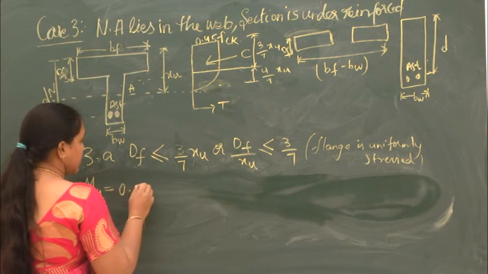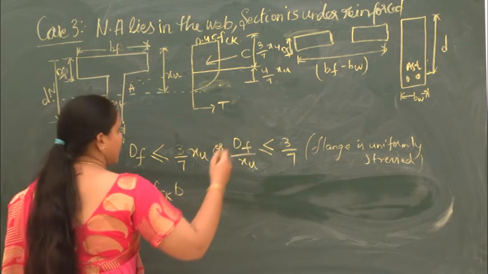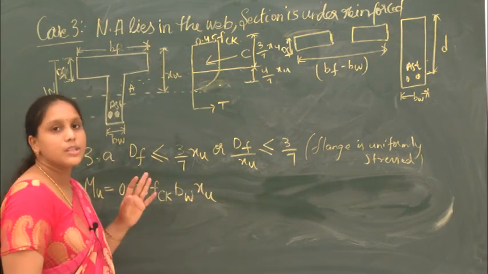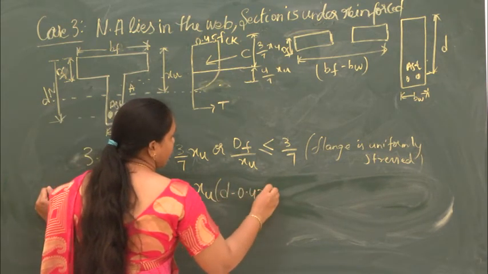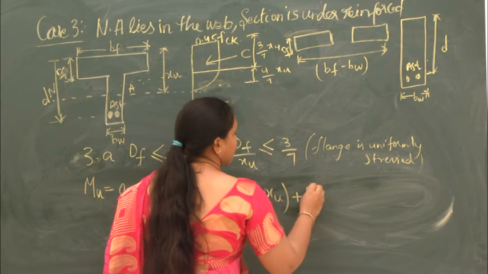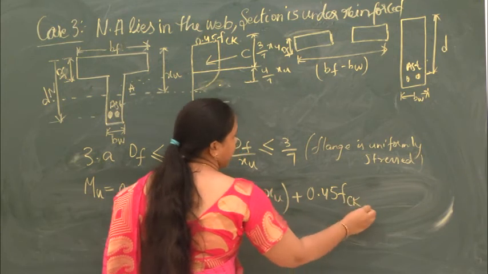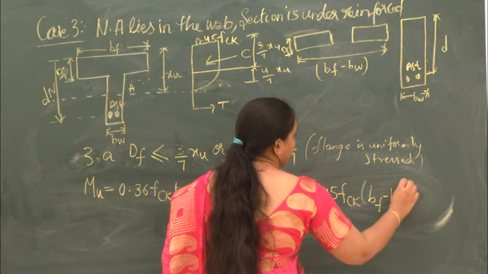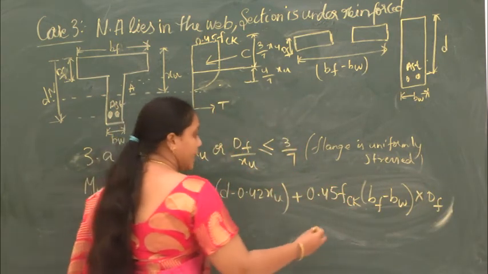So what it will be? 0.36 FCK BW into XU, not XU limit because it is an under reinforced section, into D minus 0.42 XU plus, for this particular portion it will be 0.45 FCK into BF minus BW into DF into the lever arm.